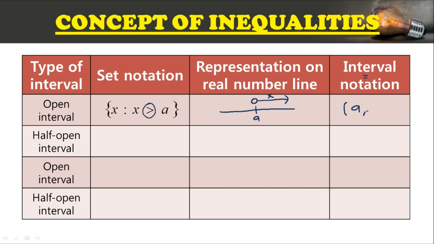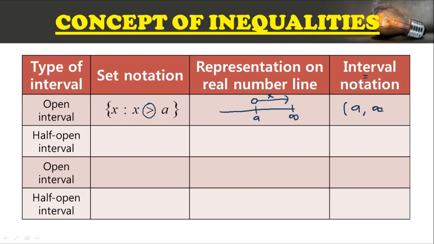From here to here. So look at the number line. We have A until, okay, since ada arrow, kita boleh anggap sampai akhir lah. That means we have until infinity. So from A until infinity. That's why interval from A until infinity.